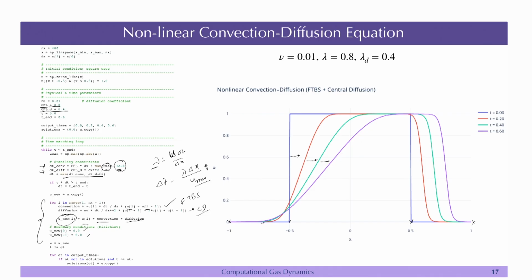If you go to further time it will become like this, and this is the kind of steepening that I am talking about. If you go to further time you will have a shock kind of behavior here. So, this is how you can solve the non-linear convection diffusion equation.